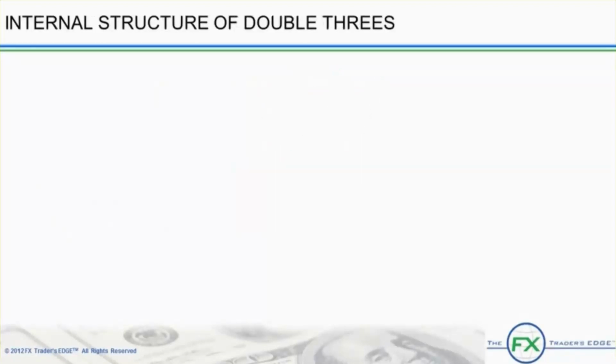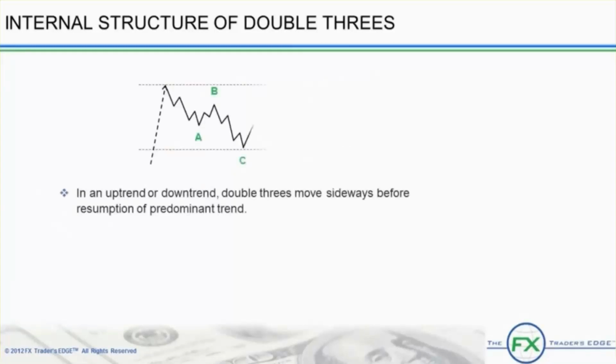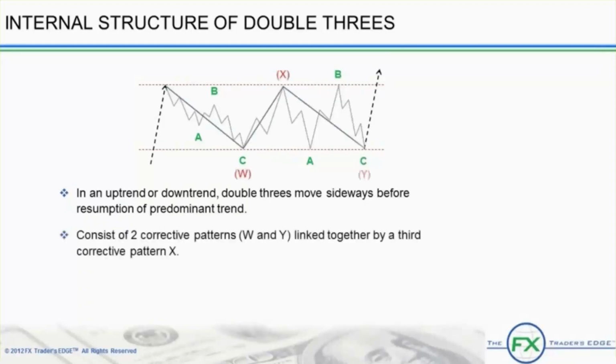The internal structure of double threes: in an uptrend or downtrend, double threes move sideways before resumption of the predominant trend. It consists of 2 corrective patterns, W and Y, linked together by a 3rd corrective pattern X.